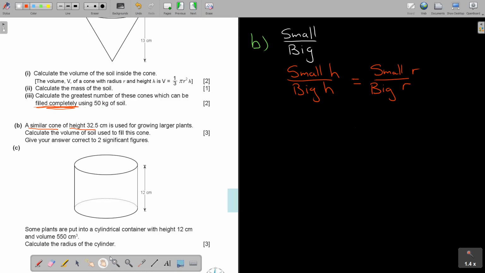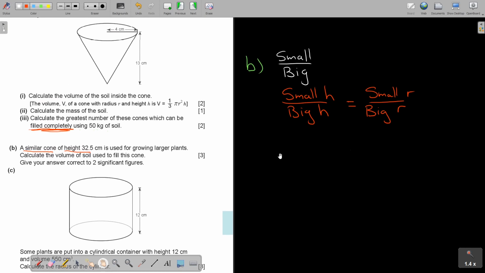So if I look, what do I have? Remember this one is small and the one they are talking about here is big. So what is the small height? It's that 13.